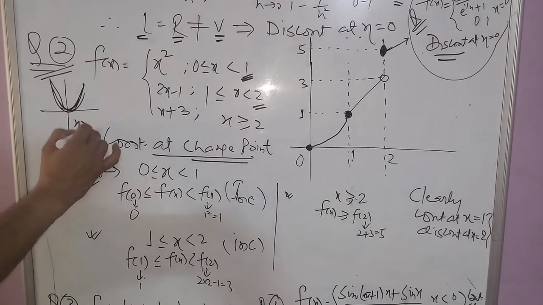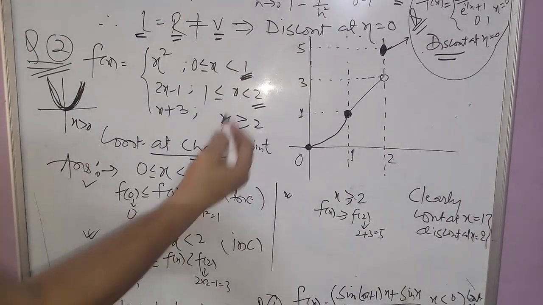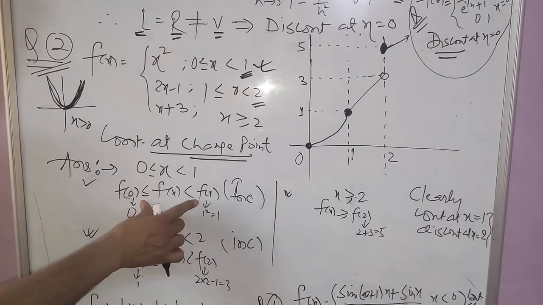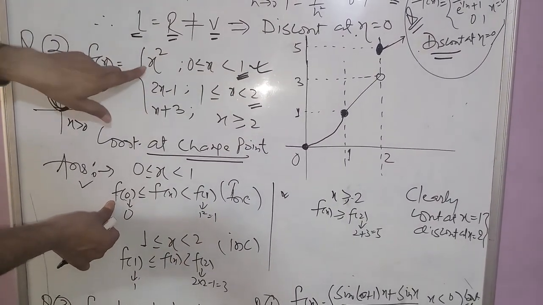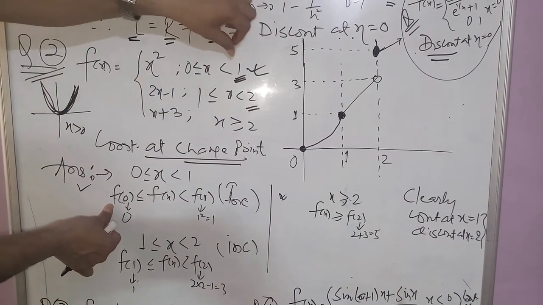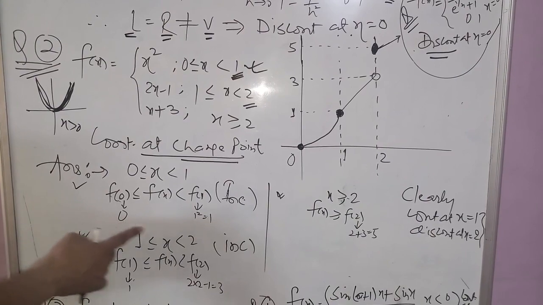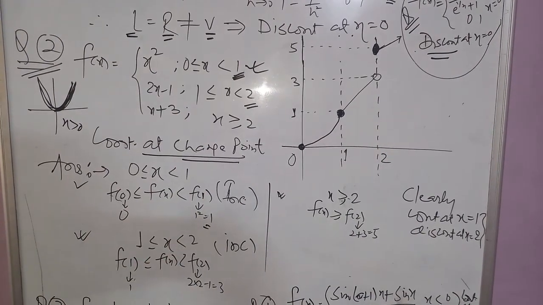When x is greater than 0, this portion is rising, increasing. So when x lies between 0 to 1, f(x) lies between f(0) and f(1). f(0) means 0 square and f(1) means 1 square. The value of the function at 0 is 0 and at 1 is 1.